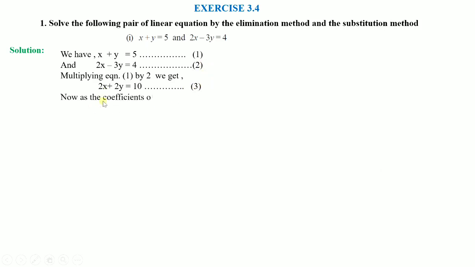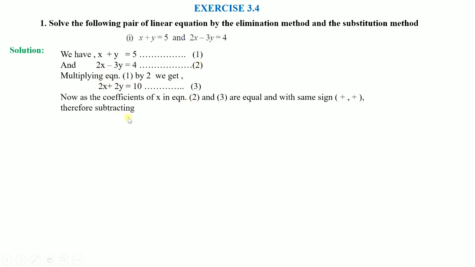Now, the coefficients of x in equation number 2 and equation number 3 are equal. Remember, this 3 we got from 1, so we will not consider 1 for the solution. Now second and third only are for our consideration. These two are numerically equal, and with the same sign, plus plus, so we will subtract equation number 2 and equation number 3.